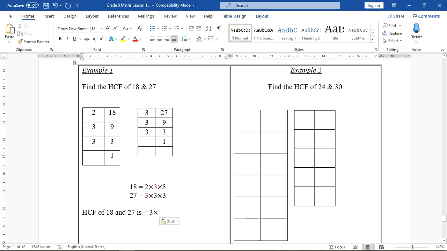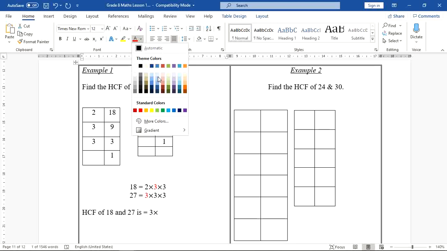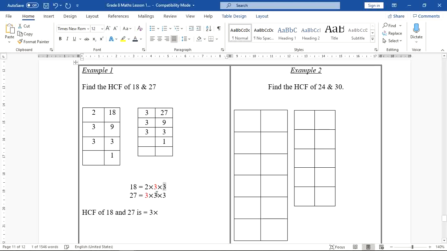So this one has another 3, and 18 has another 3. I'm going to color that blue, and I'll also color this one blue, another 3. But now there's this 3 left over here, so we cannot bring it down.